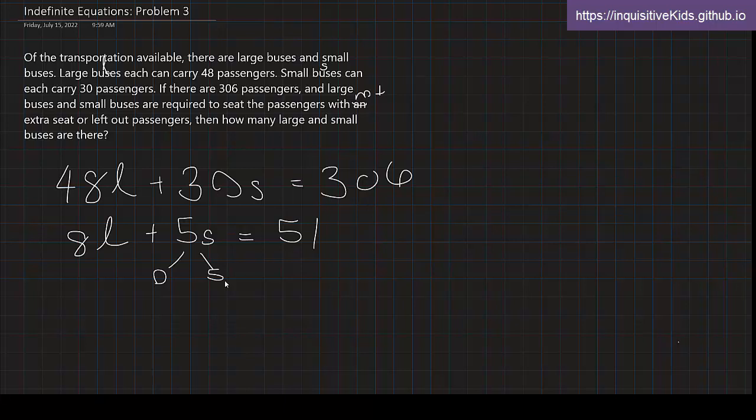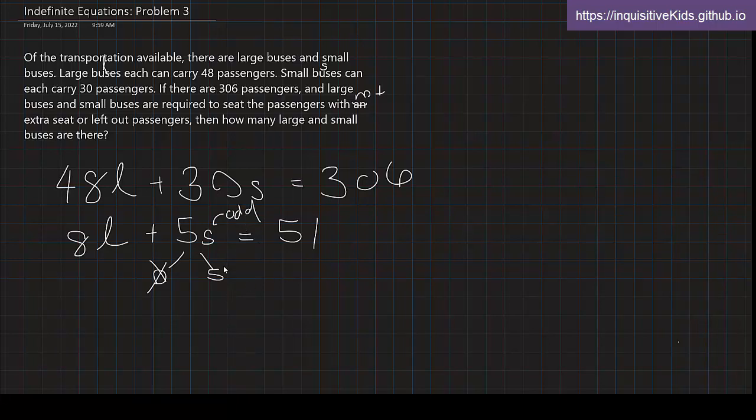Well, if 5S ends in 0, then there's no way that it can equal 51. But if it ends in 5, then there actually is a chance that it can end in 51. So 0 does not work for this, and S has to be odd, right? Because odd numbers times 5 always end in 5.